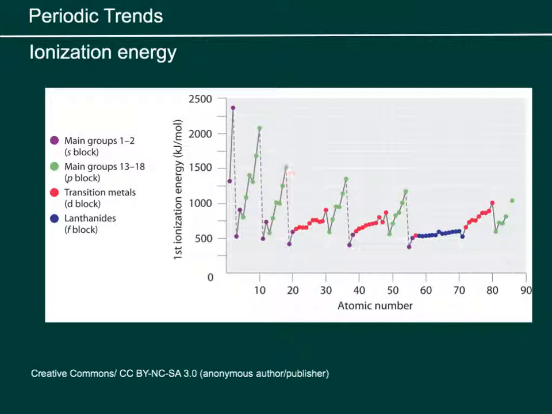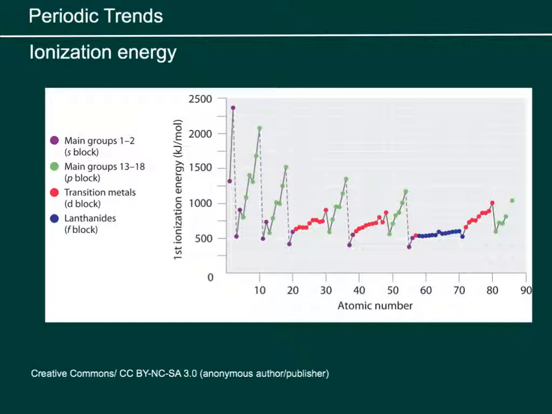The same thing happens in the third row, going up to argon, and through the D block to here. Now, one of the things you'll note, and that we'll talk about, is that there are certain exceptions to this. If you look right here, that is happening right in between nitrogen and oxygen.